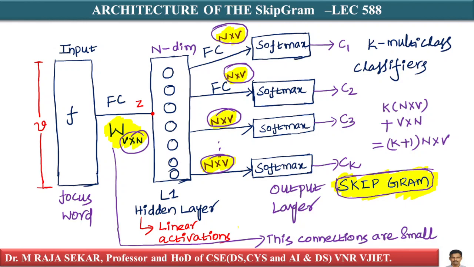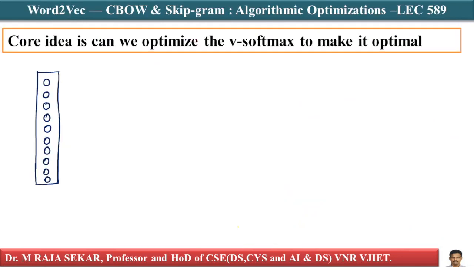So the core idea is, can you somehow optimize the V dimensional softmax to make it optimal? The core idea of hierarchical softmax is, can you somehow modify the V dimensional softmax with V outputs to make it optimal? That's the core idea here.